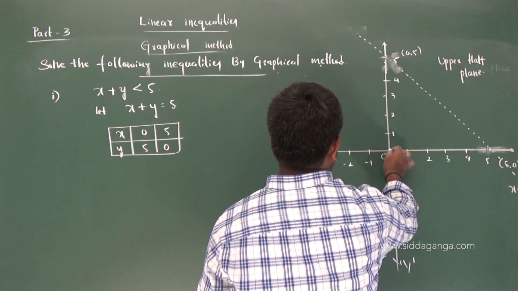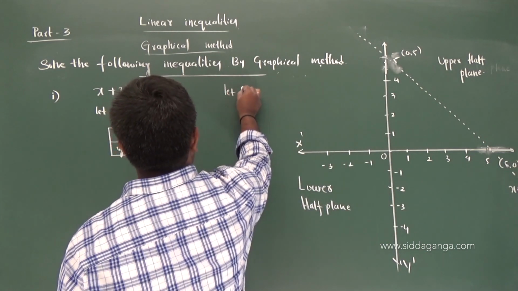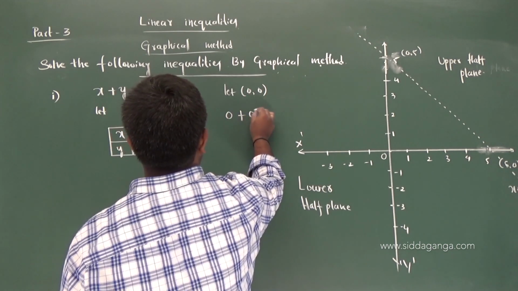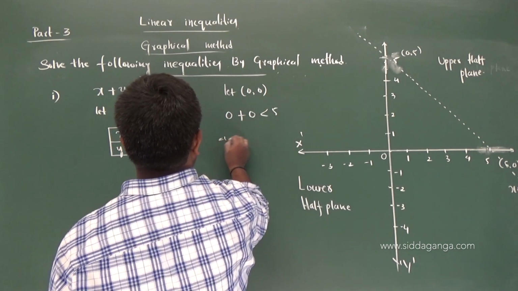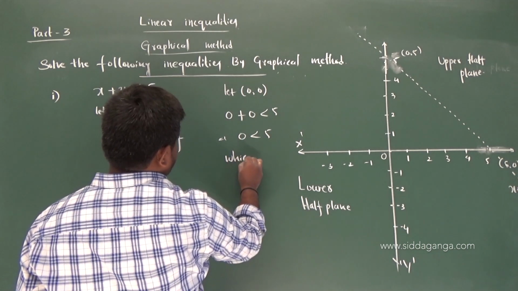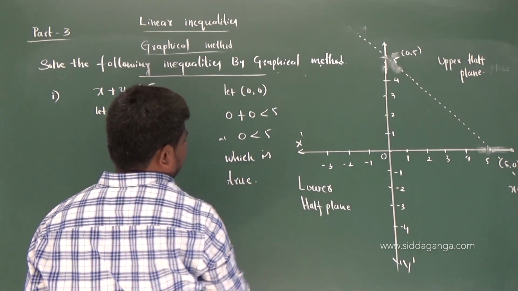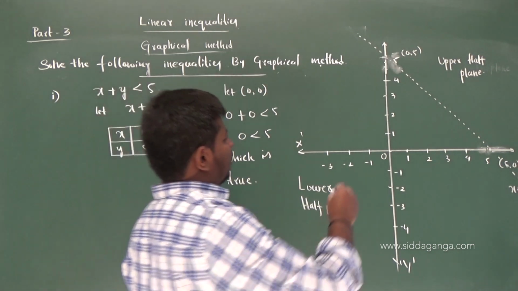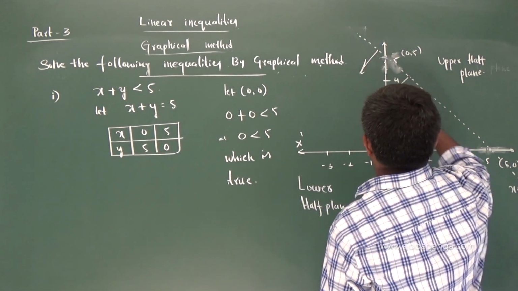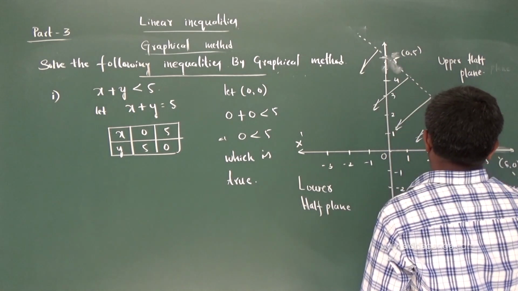Let us take 0 comma 0 from the lower half plane and substitute in the given inequality. Then the inequality becomes 0 plus 0 less than 5, implies 0 is less than 5, which is true. Hence your solution region is the lower half plane.